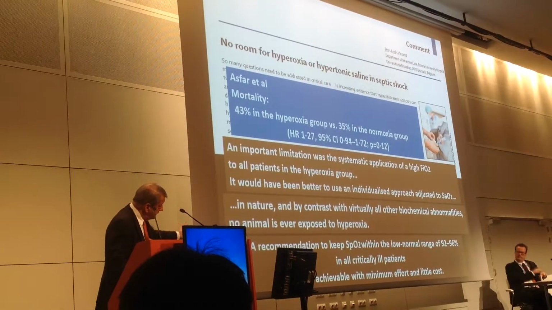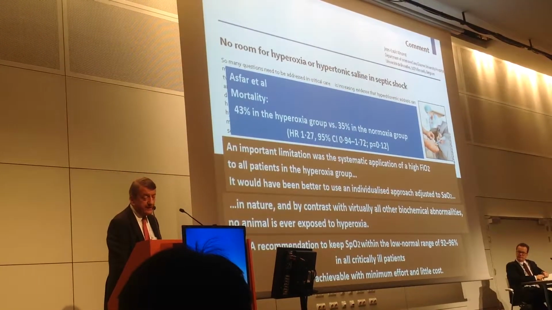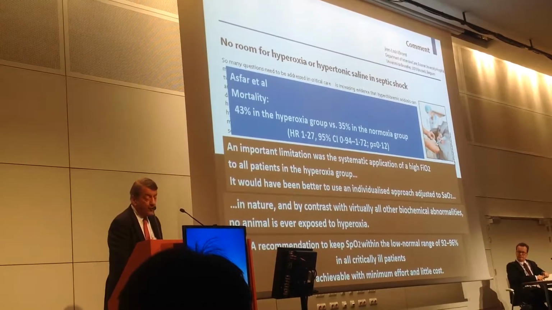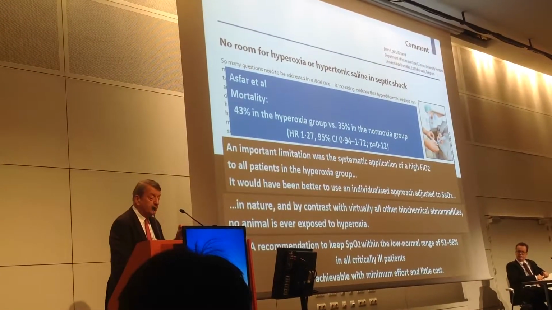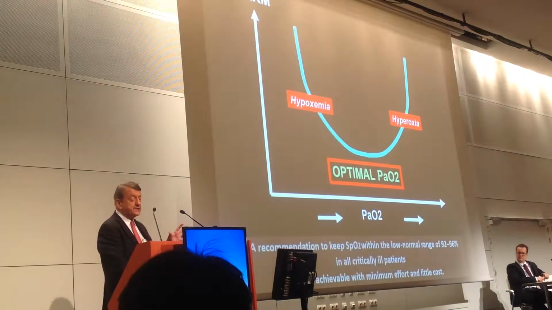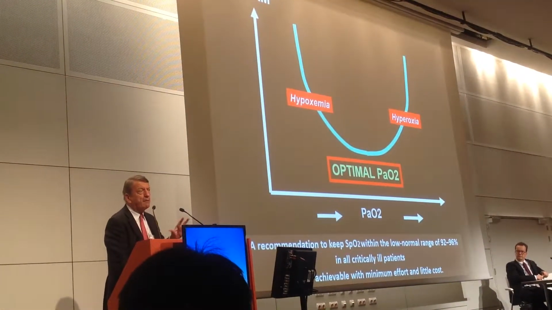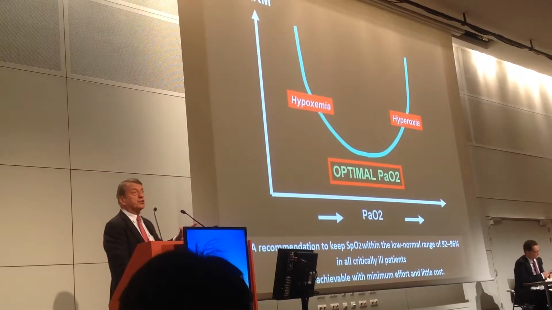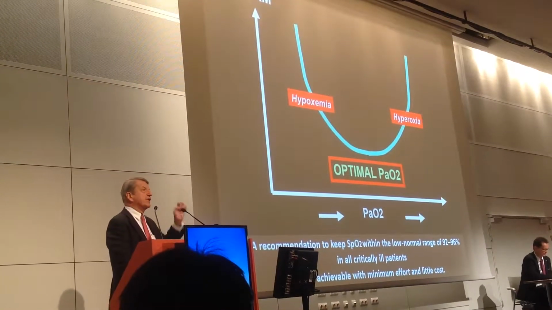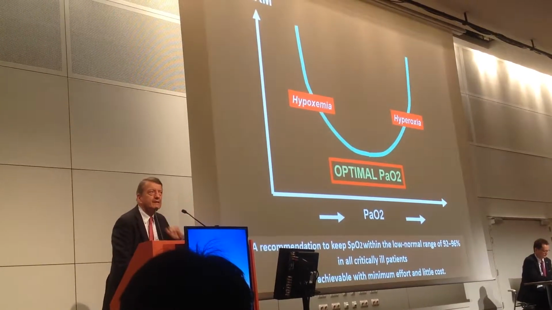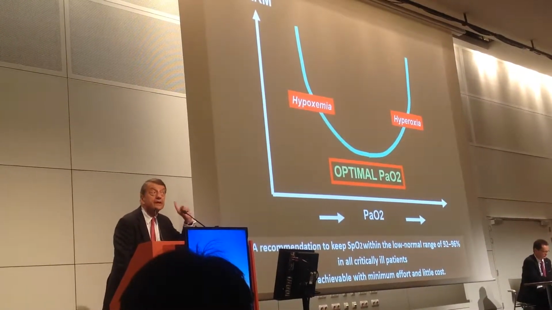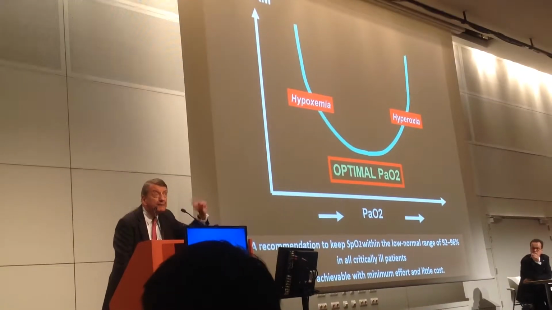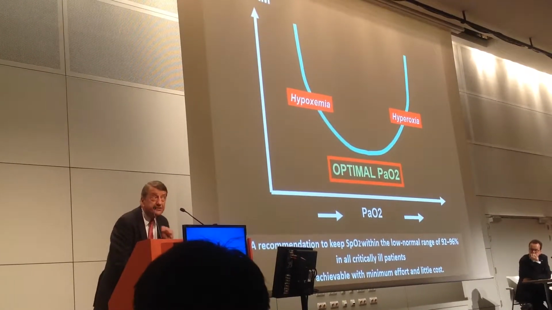So indeed, I concur with what was said, that we should maintain the oxygen saturation perhaps somewhere between 92 and 96%. That's probably a reasonable target. And when a nurse says, oh, SpO2 is fine, it's 99, 100%, we should say, wait a minute. I went to Brussels a few days ago. And I can tell you, we are not aiming at 99, 100%.